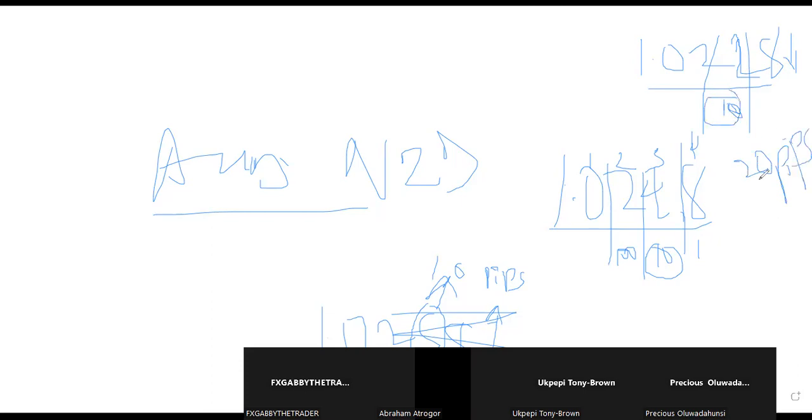Remember, this is tens, so you are always going to interpret it in tens. So AUD NZD has gone down minus 20 pips.